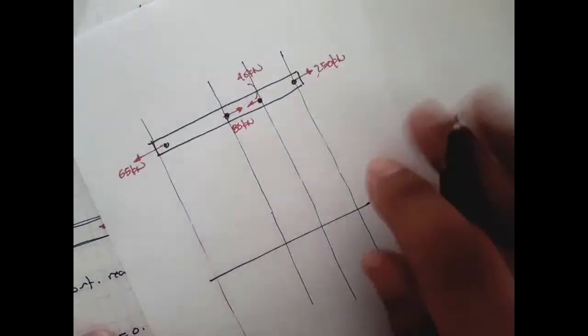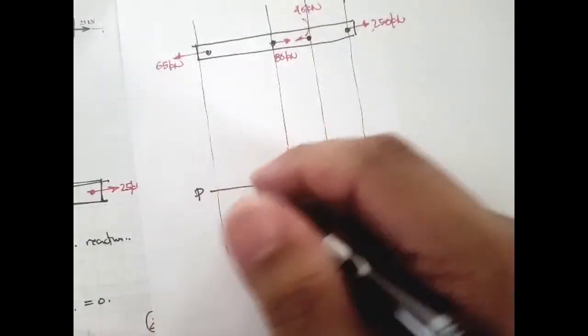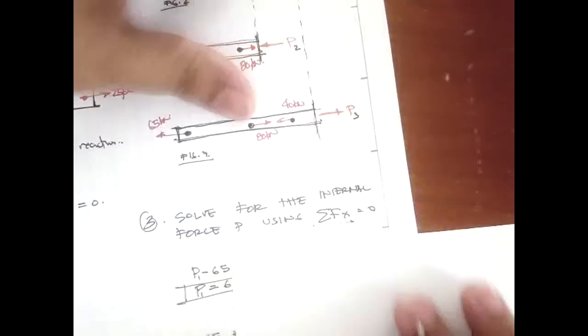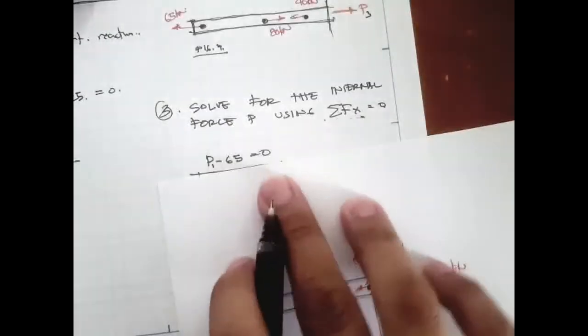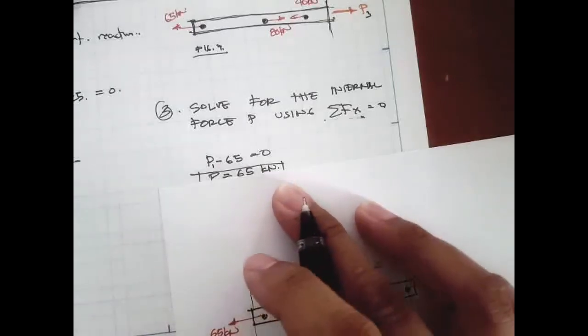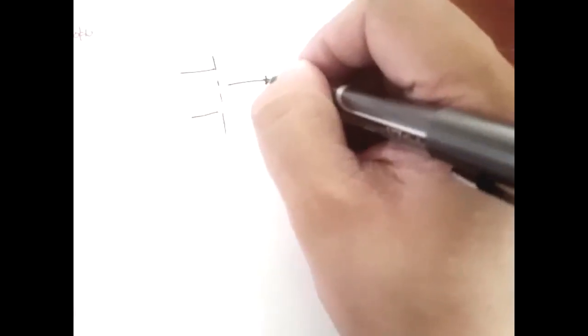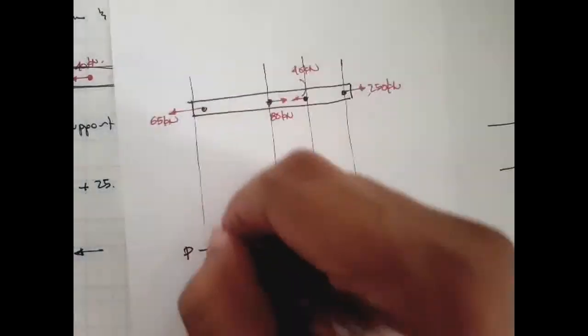Okay, so this is our actual force diagram, and the symbol is letter P for the internal actual force. What this means is that our internal force from point A to B is simply 65, and this is positive. Okay, so actual force, if we make a cut, this is positive as always. So tension is positive.